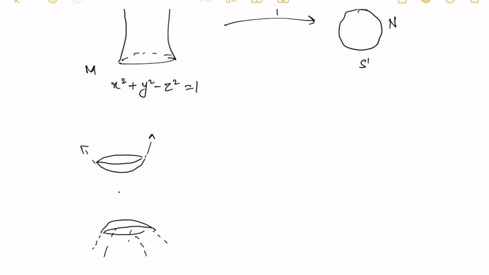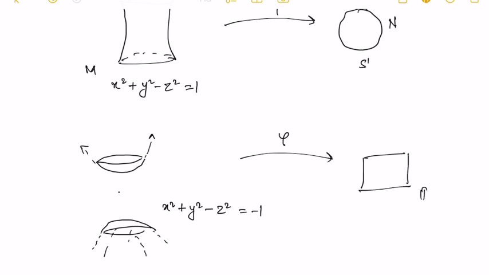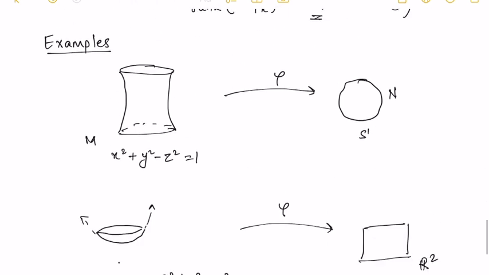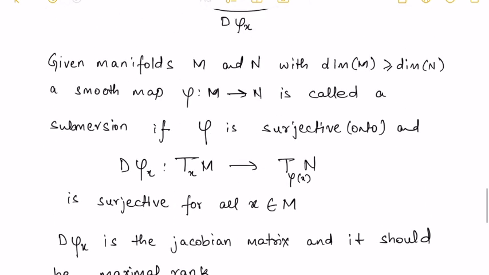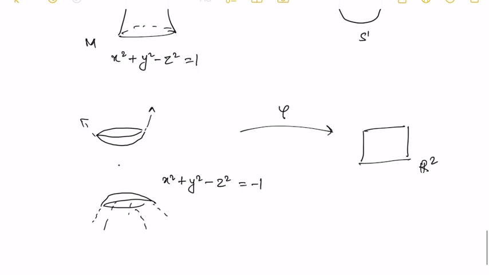Okay, and this is defined by the function x squared plus y squared minus c squared equals minus 1, and the mapping is between this manifold to R2, right? So you need to check if these two are examples of submersions or not.